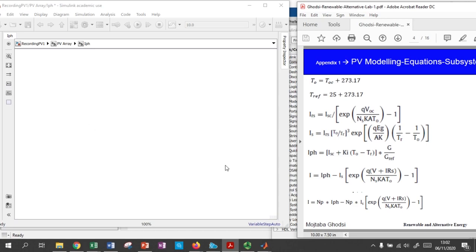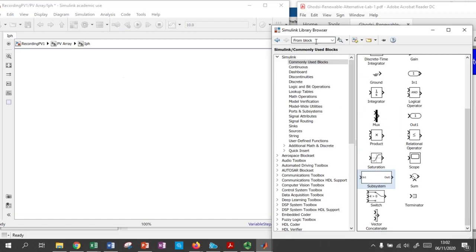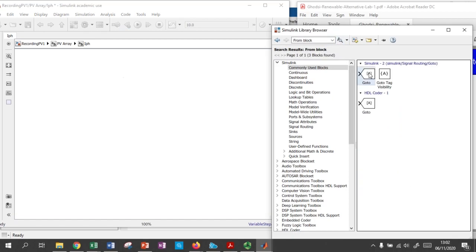Then easily we will go to make this mathematical expression. Very simple. We will start it with ISC. In order to make it, then we need one again. This is the one, Go To block should be here.